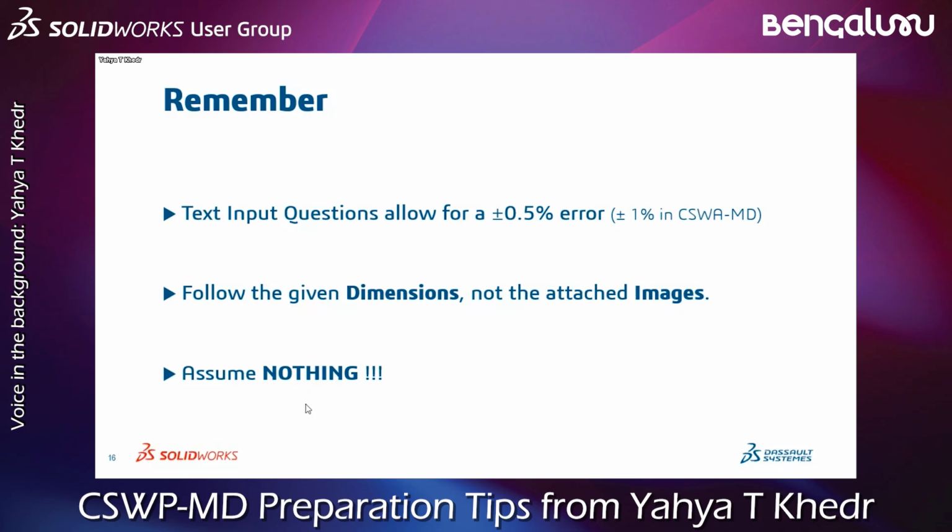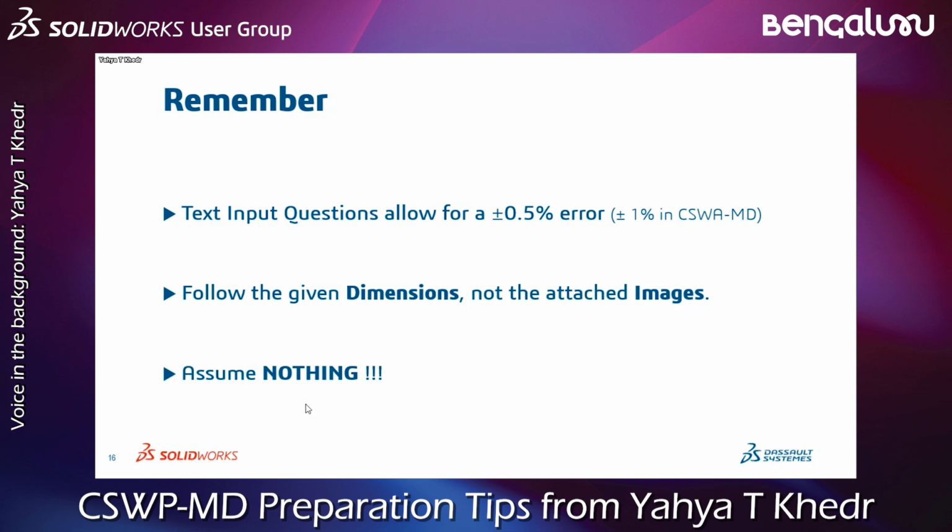Now, the other thing is, please do not follow the attached images. Any images put in the question are only for your reference. These are not images for you to trace or take a screenshot from your model and put it on top of that and see if there's any pixels of difference between them, because believe me or not, I've found people who sometimes do stuff like that. Just understand that those images are there for the references, for the values in them, but not for accurate dimensions to be taken off of them.